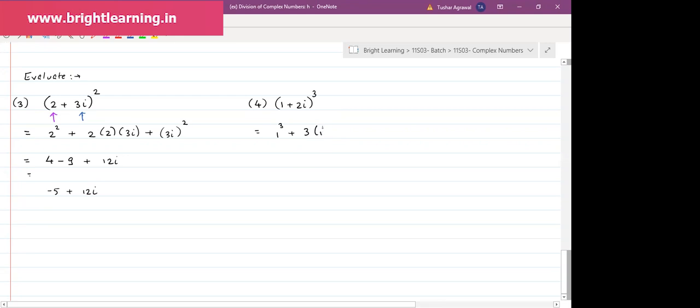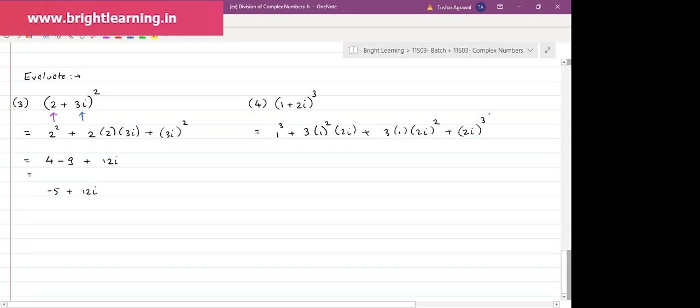So 3 times a square b plus 3 times a b square, whole square plus b cube, 2i complete cube.